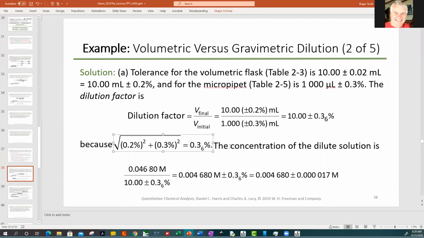And then you can divide this value here, which is the original concentration, by this factor, and then you can simply carry this factor into the 0.046.